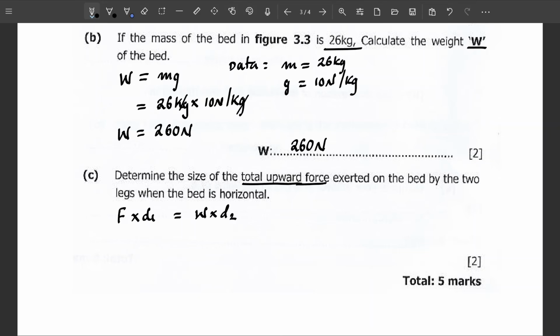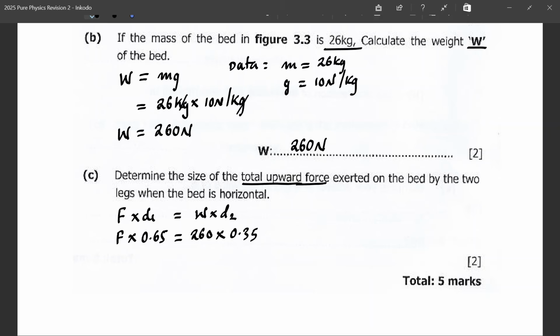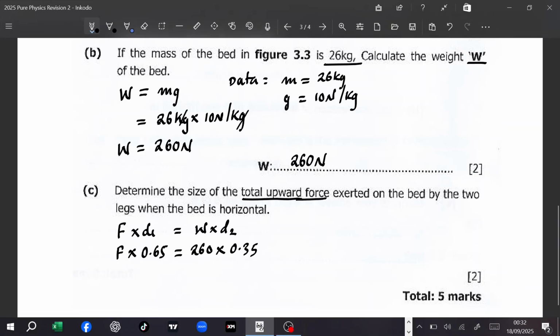So F times 0.65 equals, W is already the weight, which is 260, so 260 times D2, which here was 0.35. So let me see if I can get a calculator.